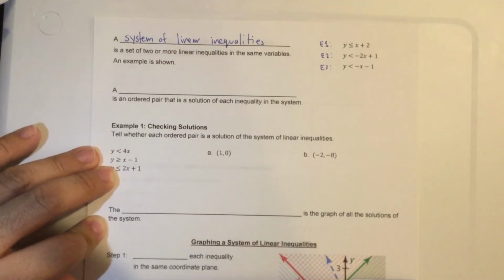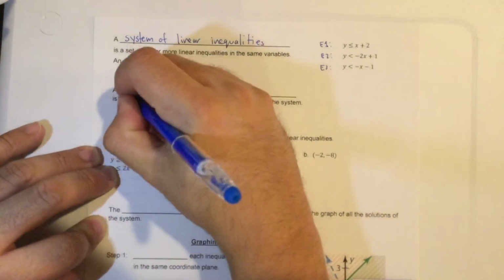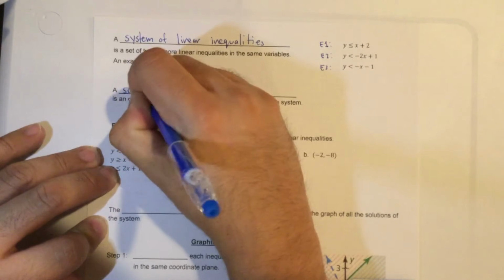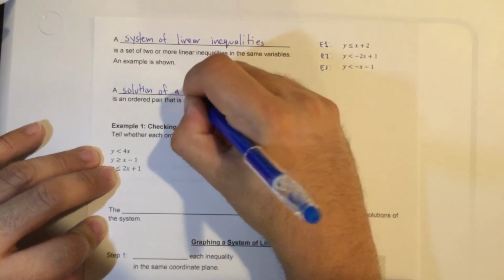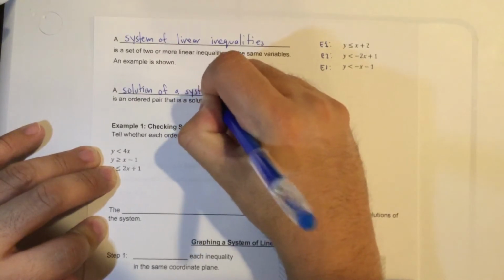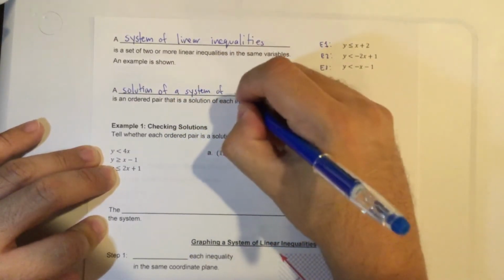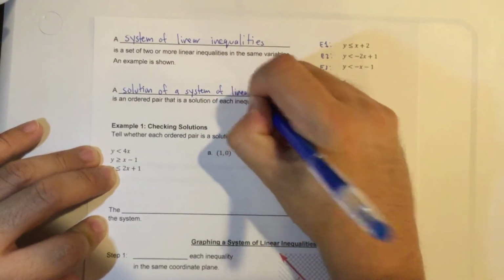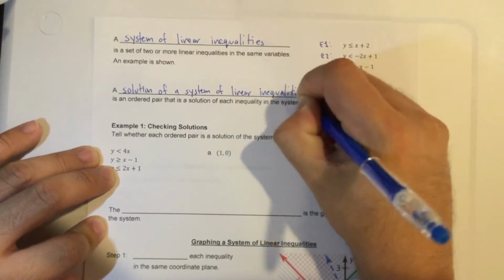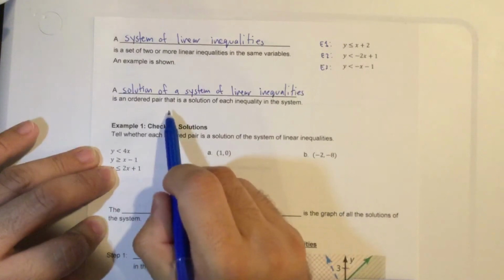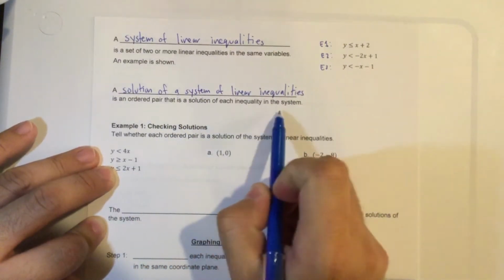A solution of a system of linear inequalities is an ordered pair that is a solution of each inequality in the system.